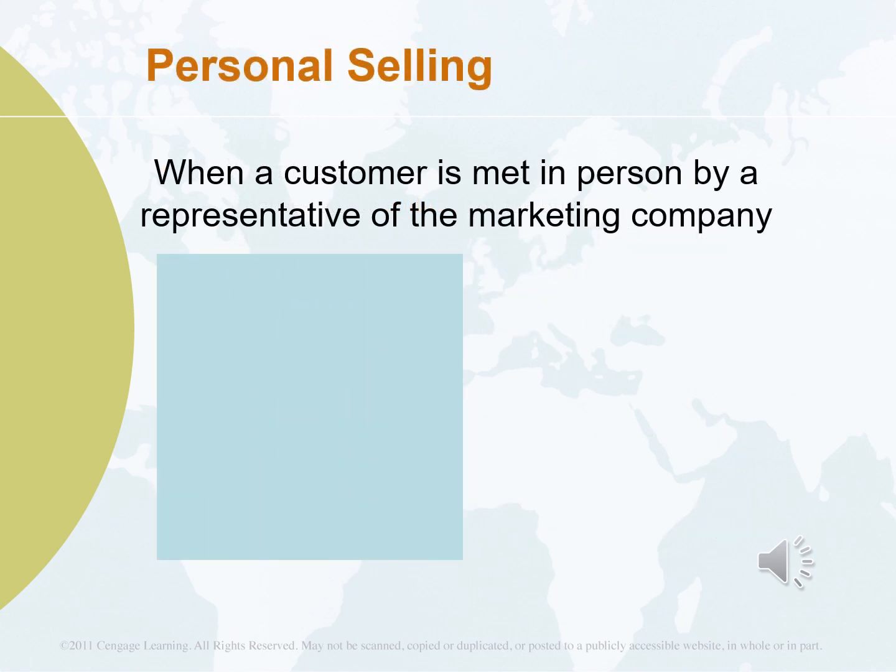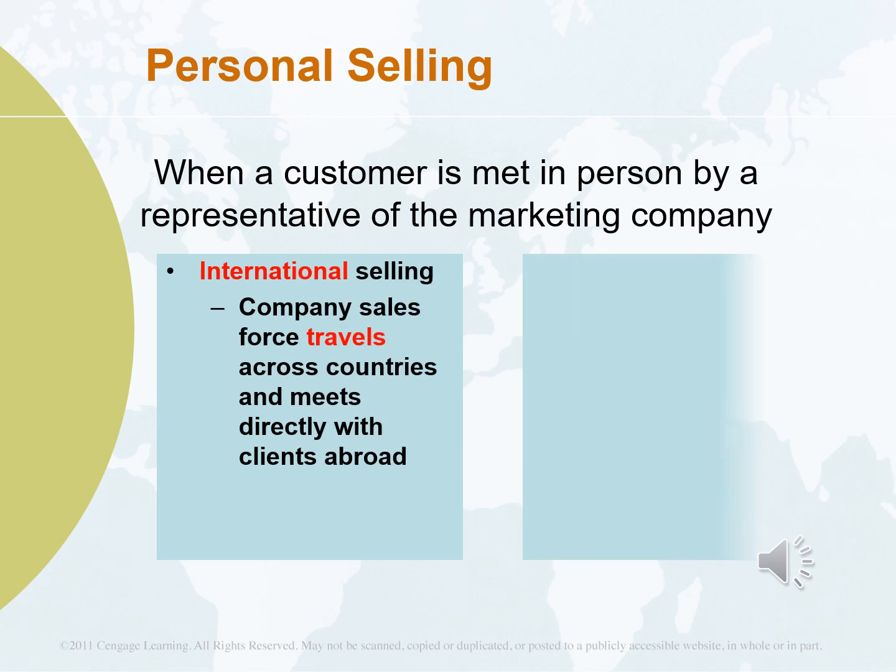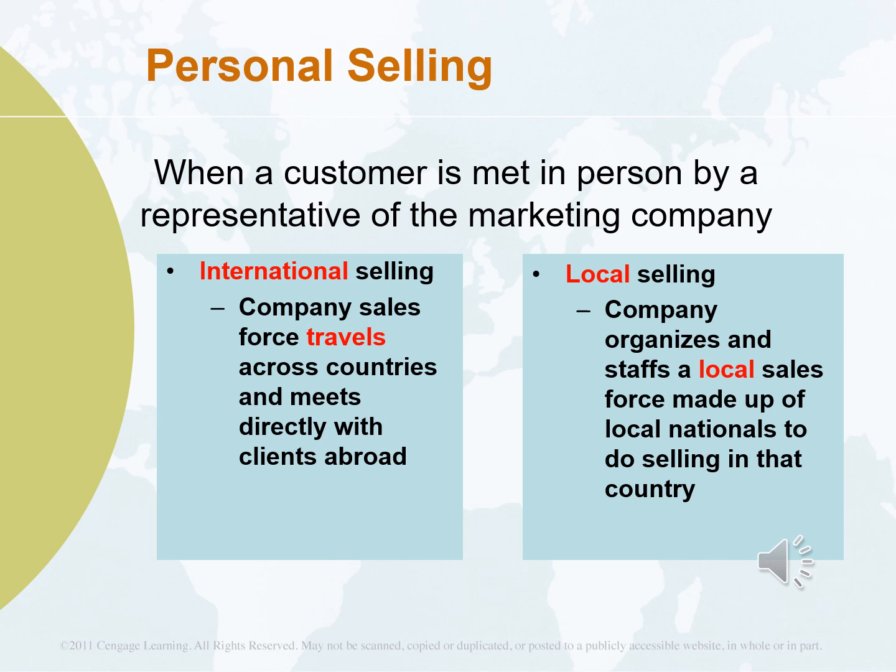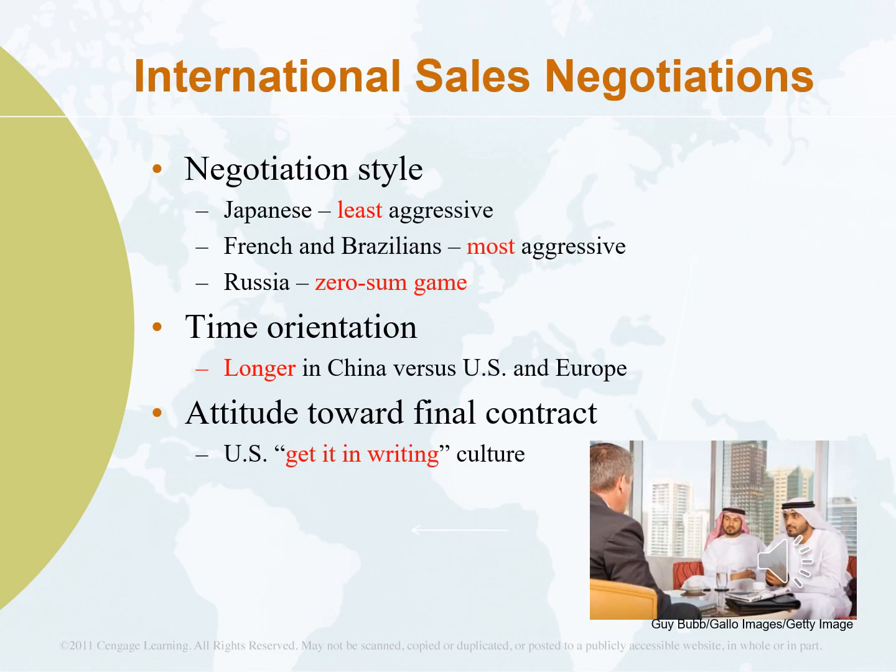And personal selling. You can have international personal selling, international sales versus local sales, the national salesperson and the local salesperson. We talk about negotiation style, which ones are aggressive, not so aggressive.